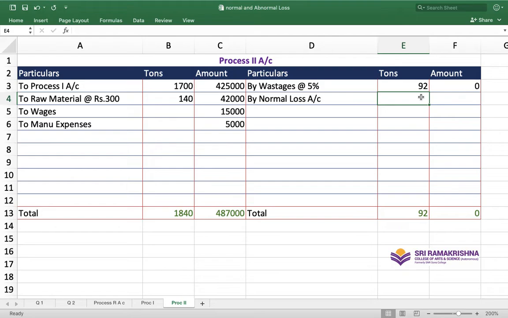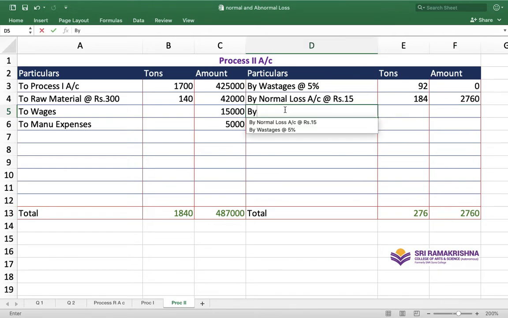Normal loss is said to be 10%. 1,840 into 10%, you'll get 184, and this 184 is valued at the rate of rupees 15, which is 2,760.